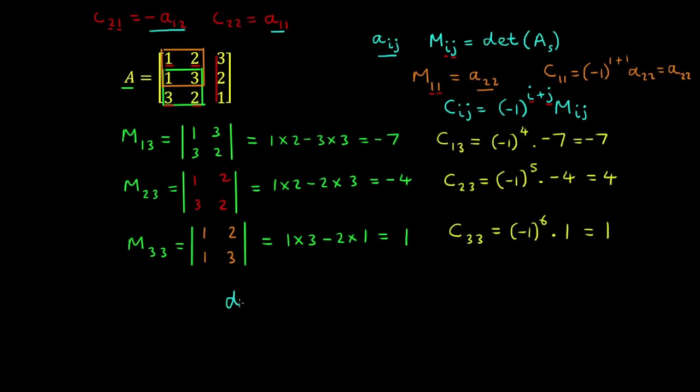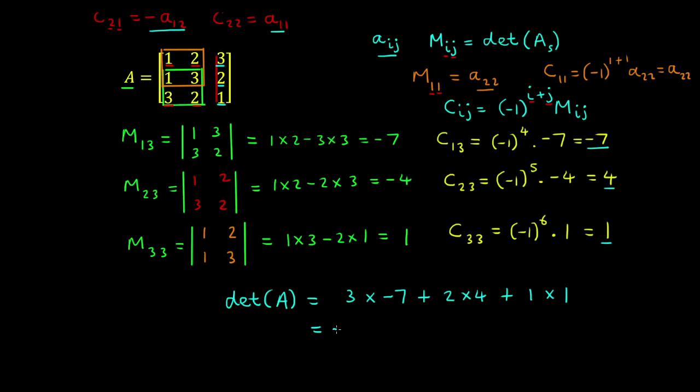So therefore the determinant of our matrix is the sum of each entry in this column multiplied by the corresponding cofactor. So we have the entry in row 1 column 3, which is 3, multiplied by its cofactor, plus the entry in row 2 column 3, multiplied by its cofactor, plus the entry in row 3 column 3, multiplied by its corresponding cofactor.